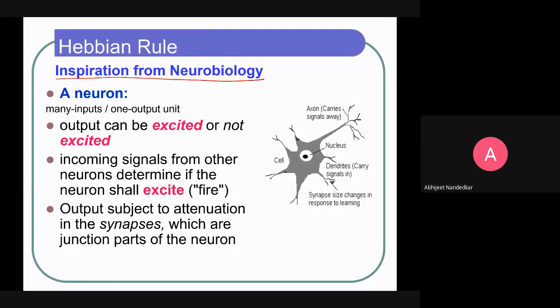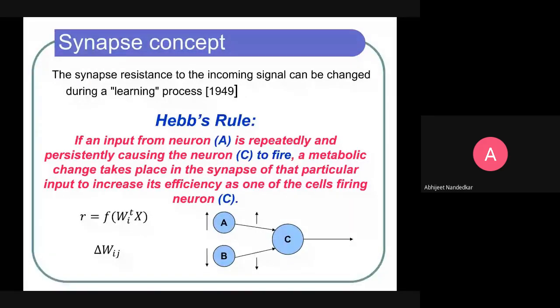What it says, if an input from a neuron A is repeatedly and persistently causing the neuron C to fire, a metabolic change takes place in the synapse of that particular input to increase its efficiency as one of the cells firing neuron C.